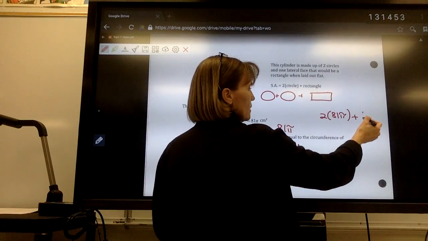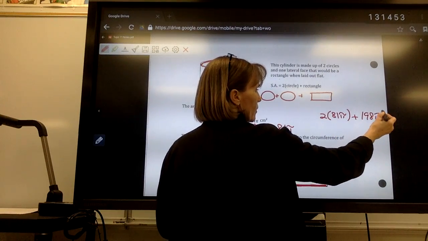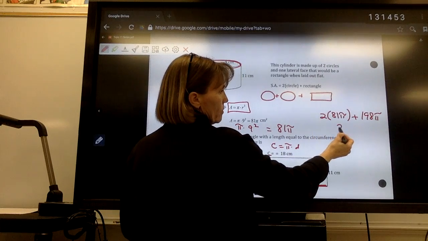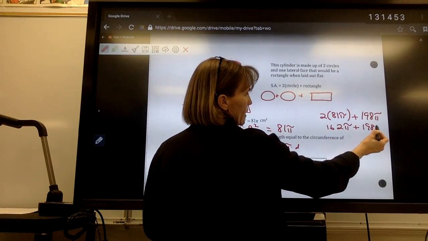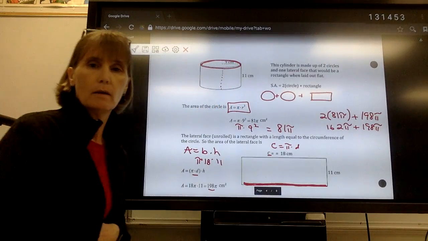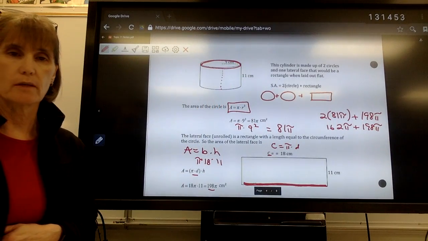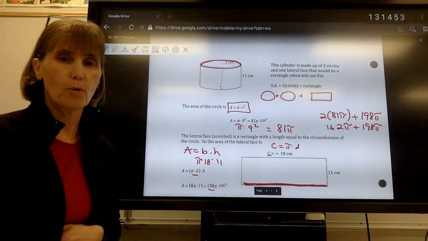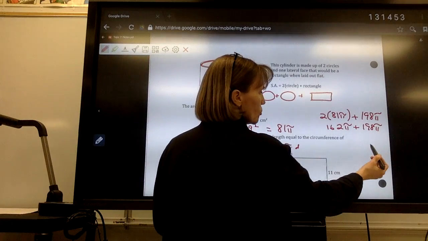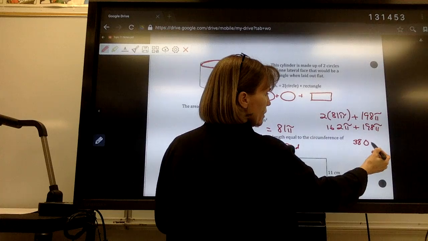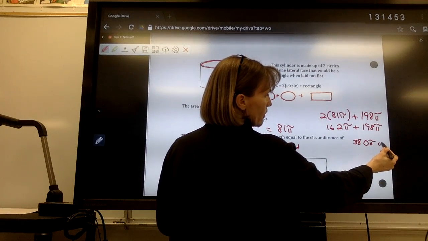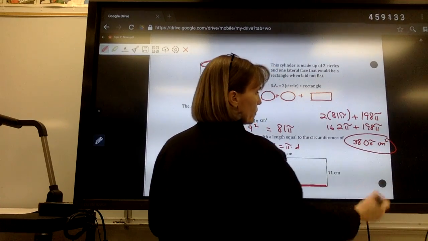So we're going to add this in. 2 times 81 would be 162 pi plus 198 pi. Now, can I add those two terms together? Yeah, they both have pi. So we can add those two things together. We would get 380 pi. And it's surface area, so it would be centimeters squared.